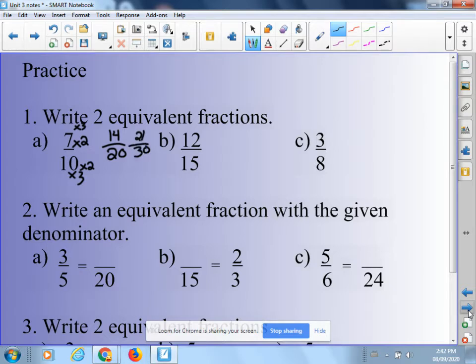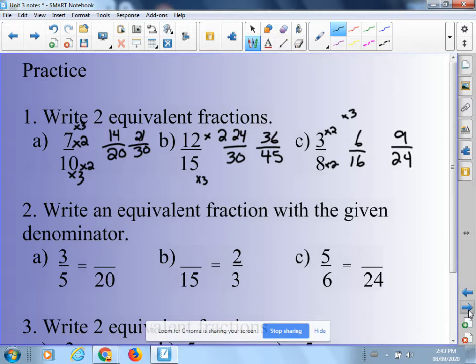And if I repeat the same step for the next one, I'm going to times it by 2, which is 24 out of 30, and if I times it by 3, it will be 36 out of 45. And the last one on this first line for C, if I multiply them both by 2, 6 out of 16, and times 3, I would say 9 out of 24.